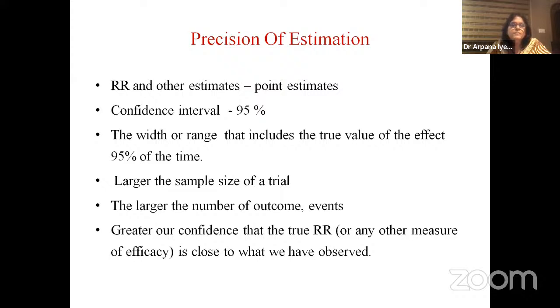We usually measure the confidence interval at 95 or 99%, but in most RCTs it is 95%. It tells us the width or range that includes the true value of the effect 95% of the time. The larger the sample size of a trial and the larger the number of outcome events, the greater our confidence that the true RR is close to what we have observed.